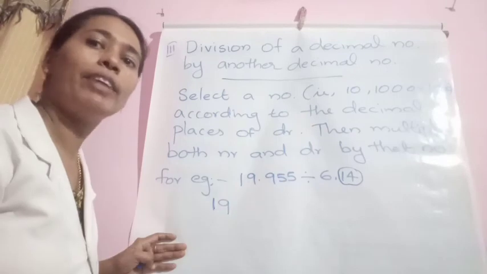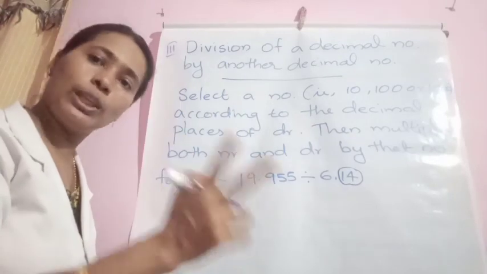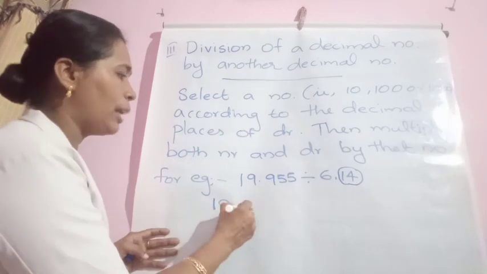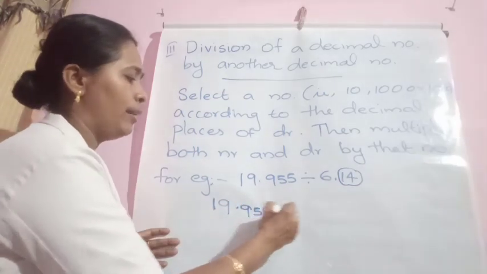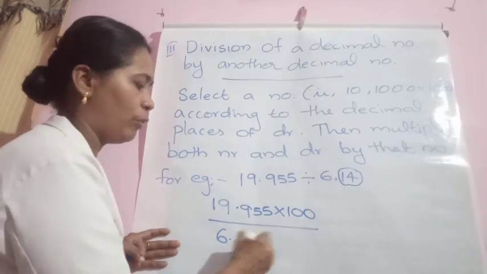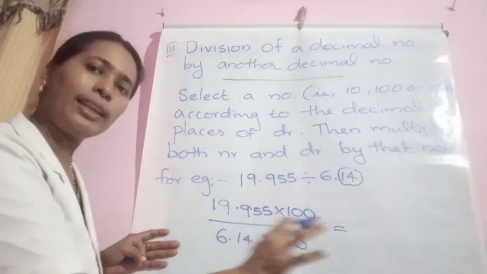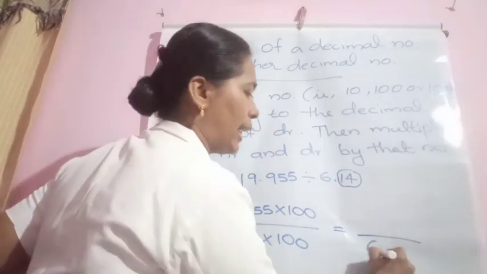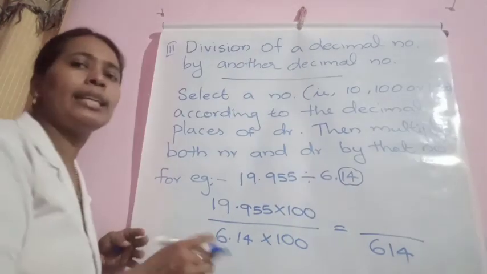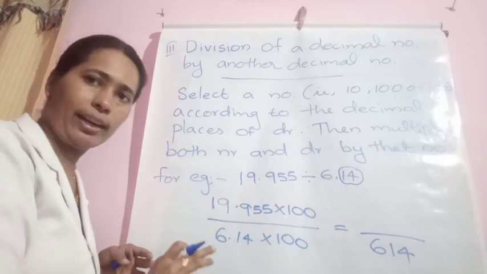So which number do we have to use? 100. 2 zeros, that is 100. So multiply both by 100. 6.14 into 100 gives 614. For making it a whole number, we have selected 100. Is it okay?